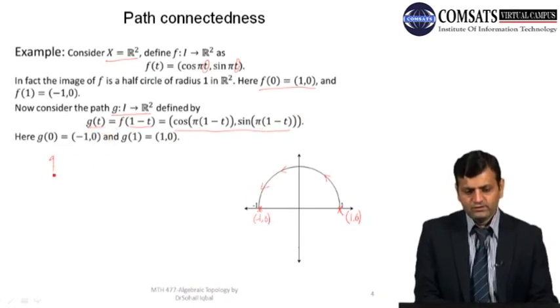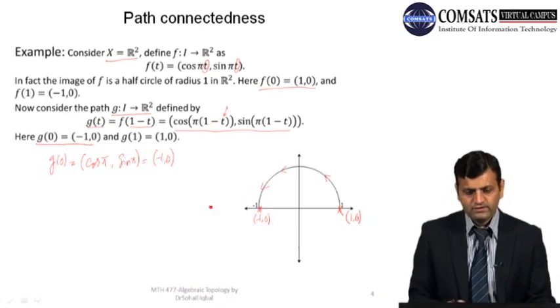Now g of 0, so when we calculate g of 0, take t is equal to 0, then we will get cosine pi and sine pi, which is equal to (minus 1, 0). So in other words, the starting point of this path is basically (minus 1, 0). So this point for g is the starting point (minus 1, 0).